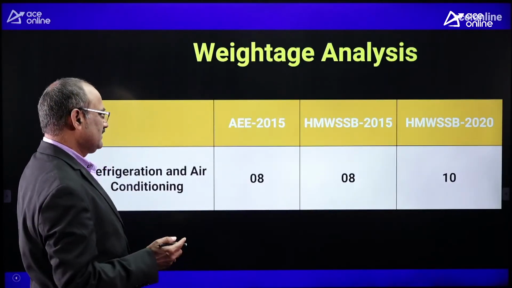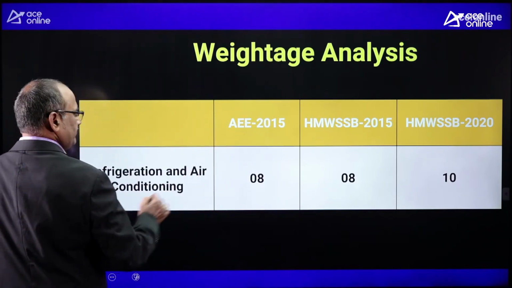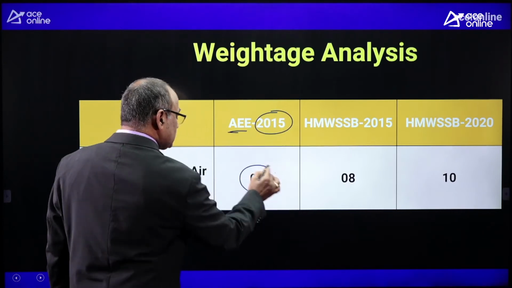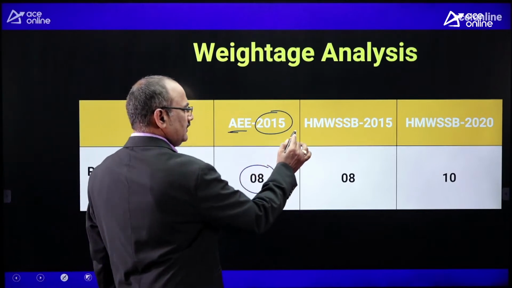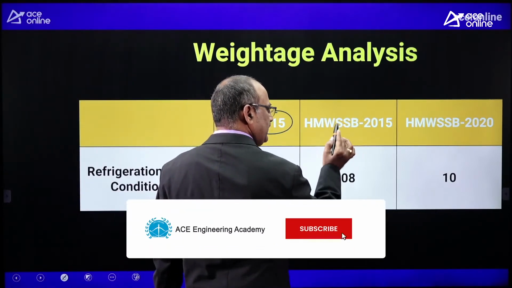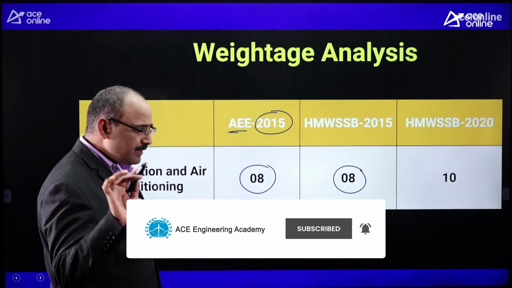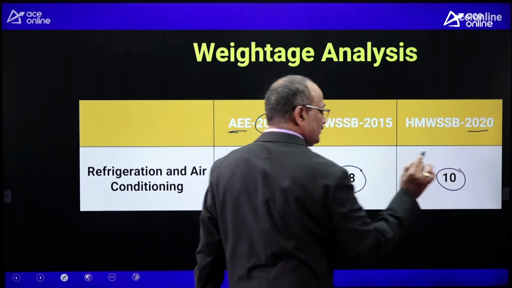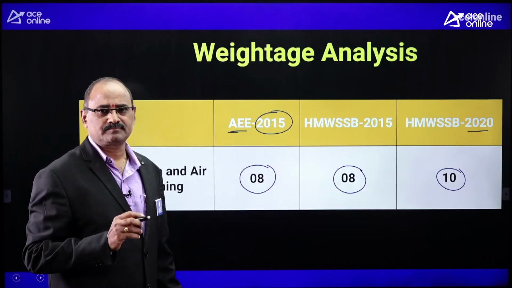In the year 2015, for the AEE exam, 8 marks were asked. The same year, the HMWSSB, that board also asked 8 marks, but the same board asked 10 marks in the year 2020. That is the weightage of this simple subject.